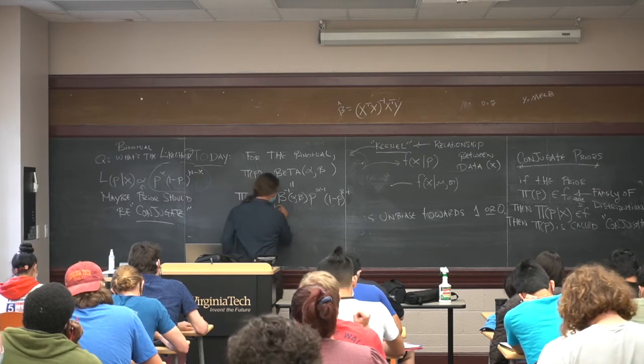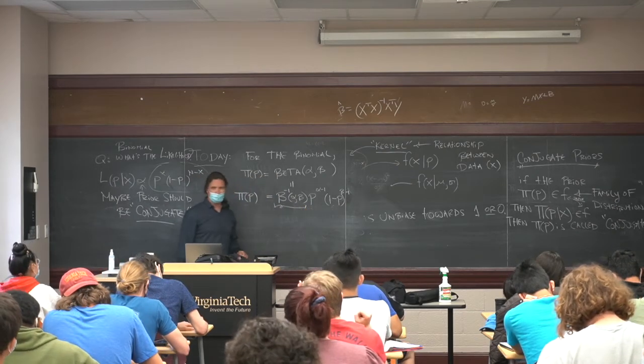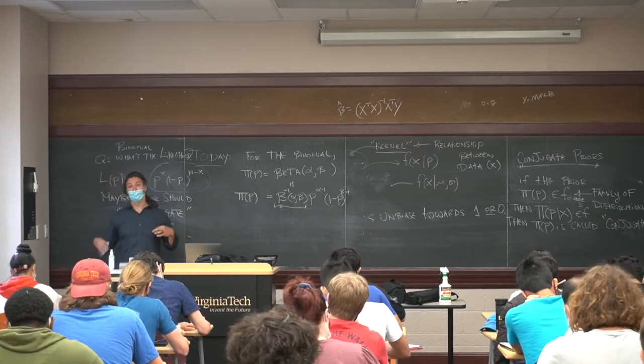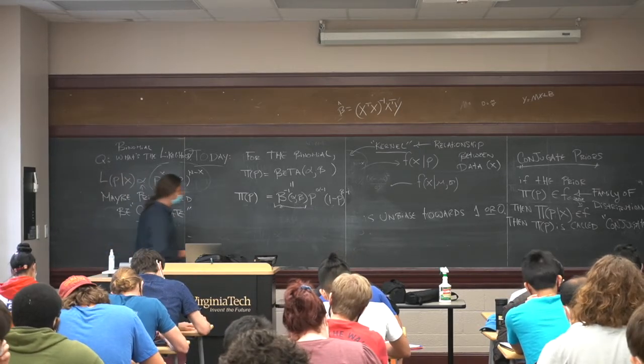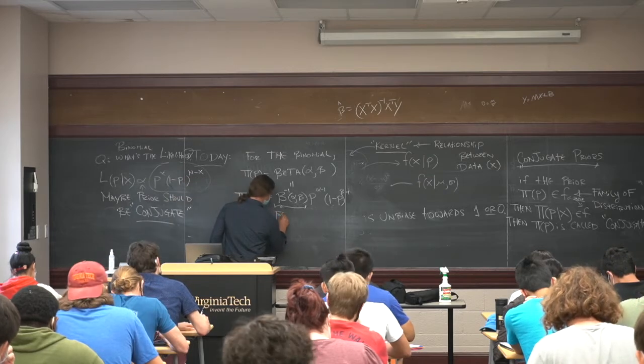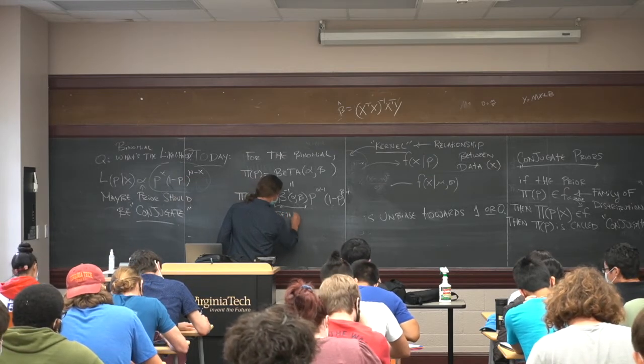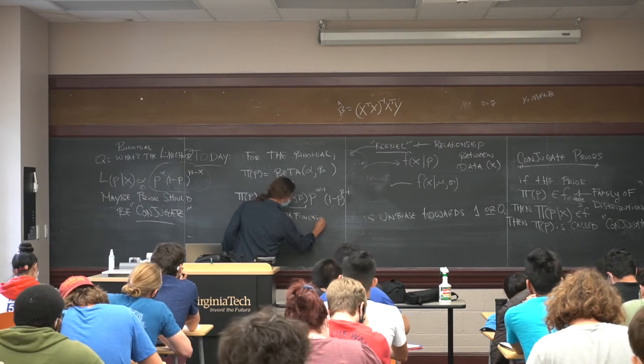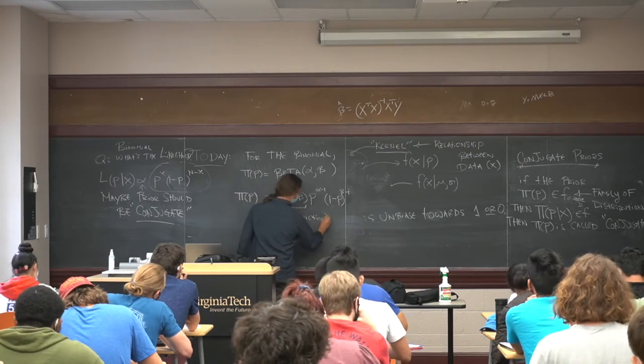This right here is the inverse of what's called a beta function. So I've just used the word again in a different context. This is a beta function, and it's actually the inverse of the beta function.